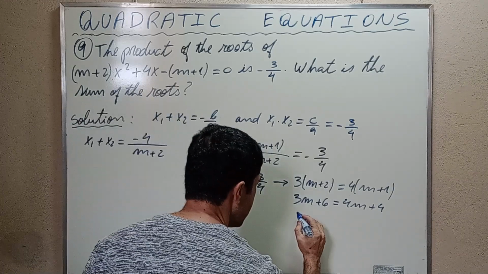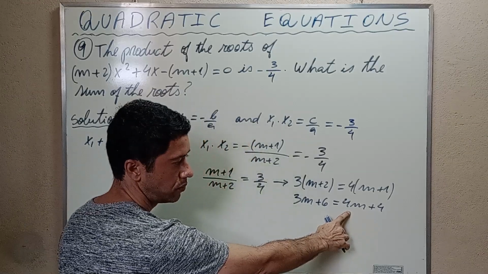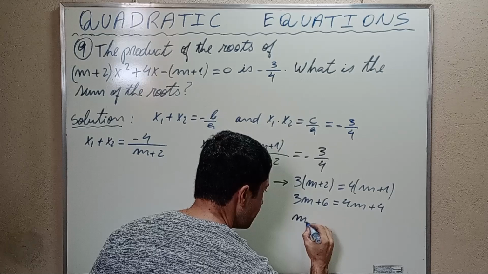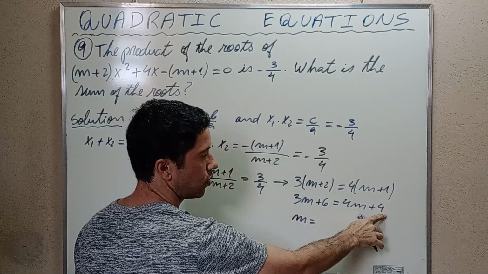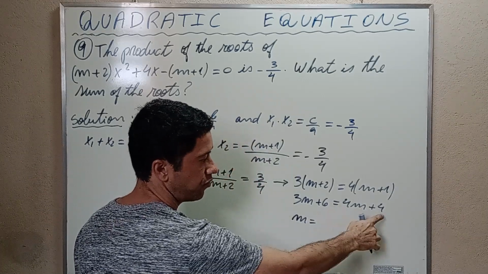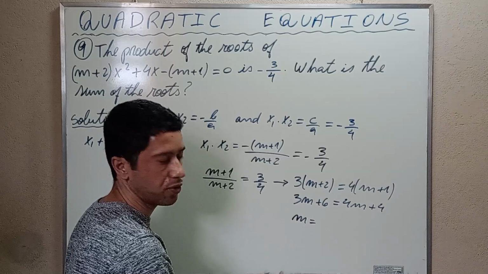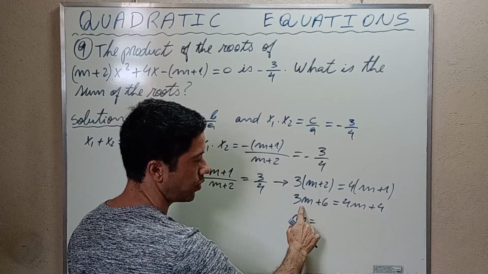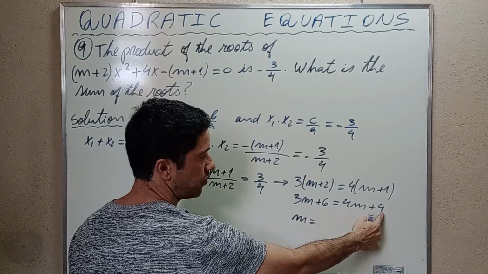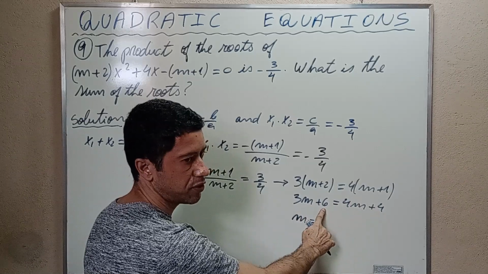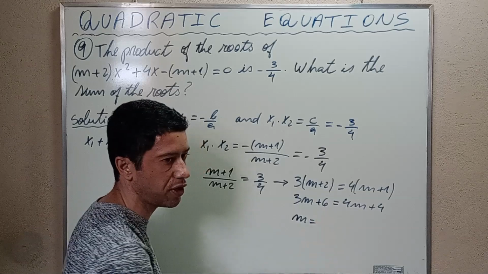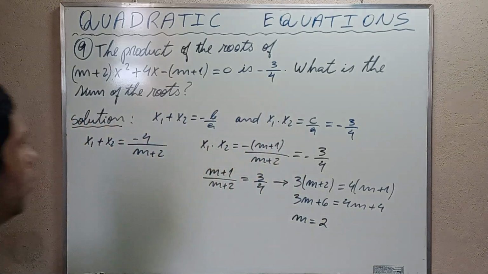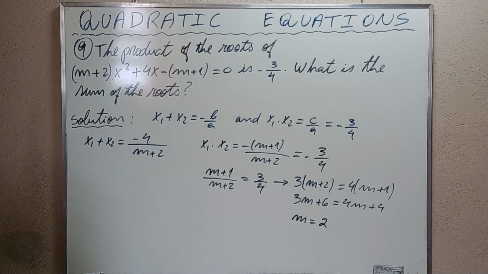Solving this, 4 minus 3 is 1. I pass this, did you understand? I passed this to this, it becomes 4 minus 3. And now I pass this to this side, it becomes 6 minus 4, and it is equal to 2. Then the value of m is 2.